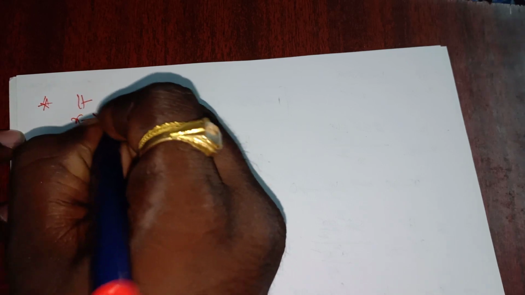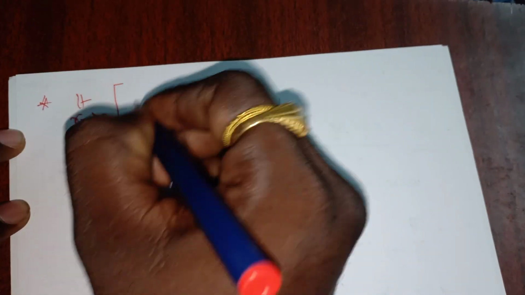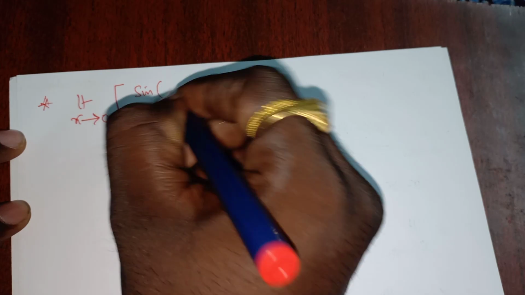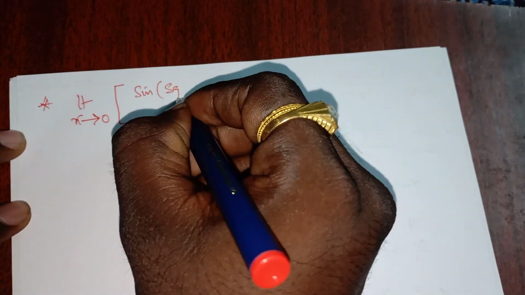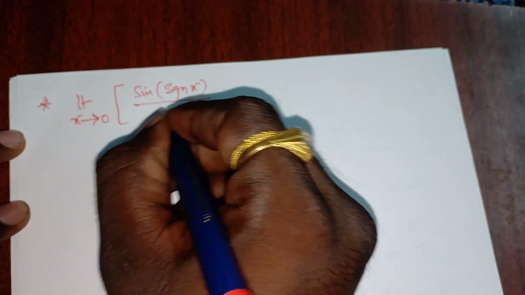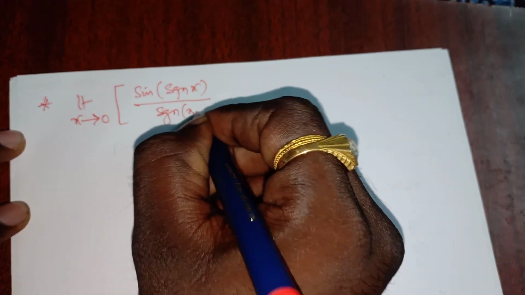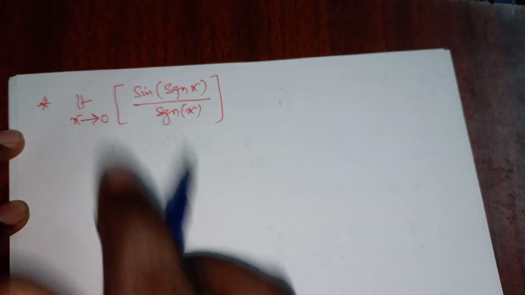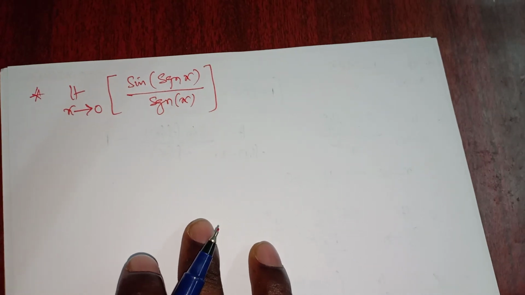Now last question, that is limit x tends to 0, integral part of sine of signum of x divided by signum of x. So, very interesting question.